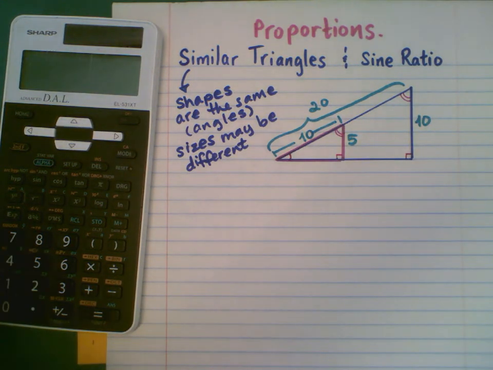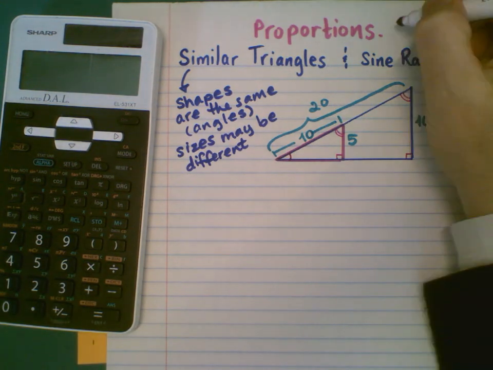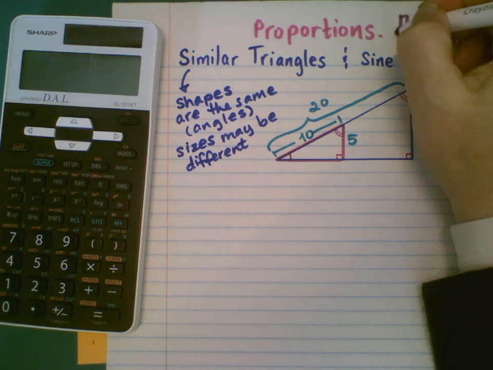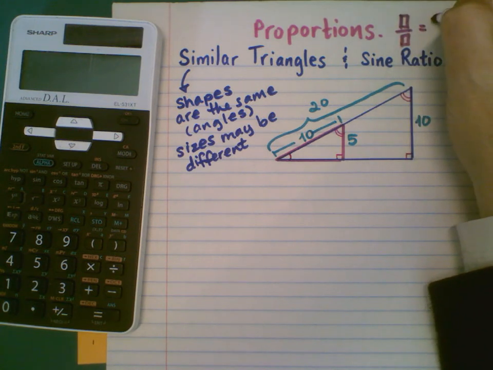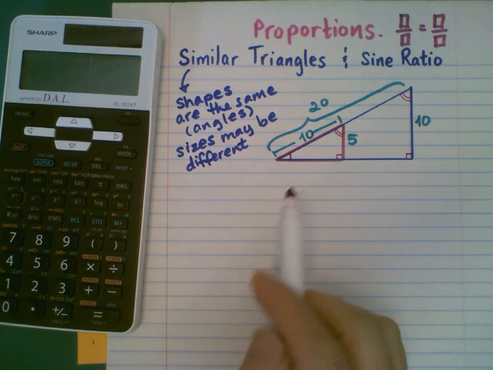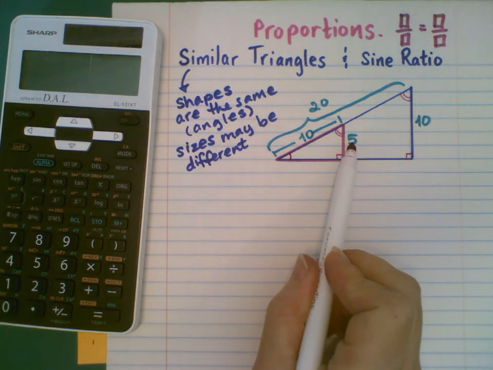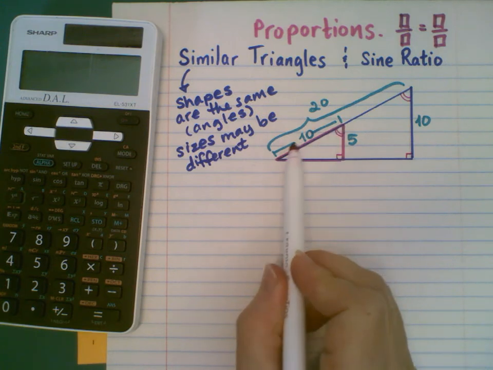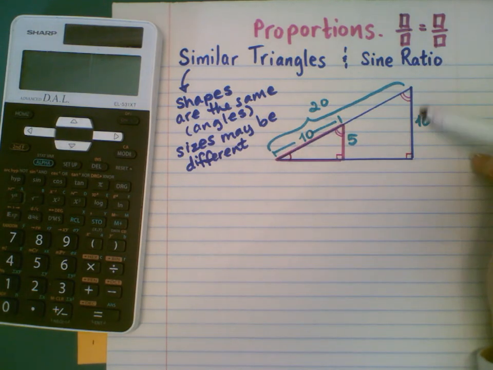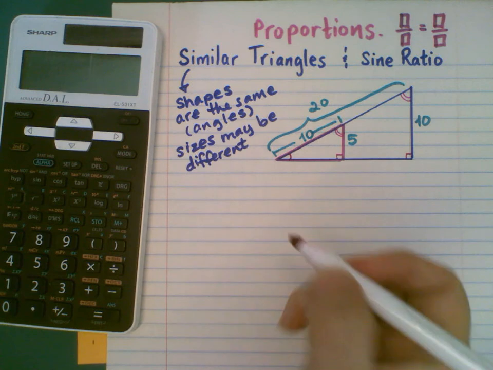So from that, I can write a proportion. And a proportion is essentially a fraction that is equal to another fraction. So in this case, I would be comparing the height and the hypotenuse of the small triangle to the height and the hypotenuse of the large triangle.